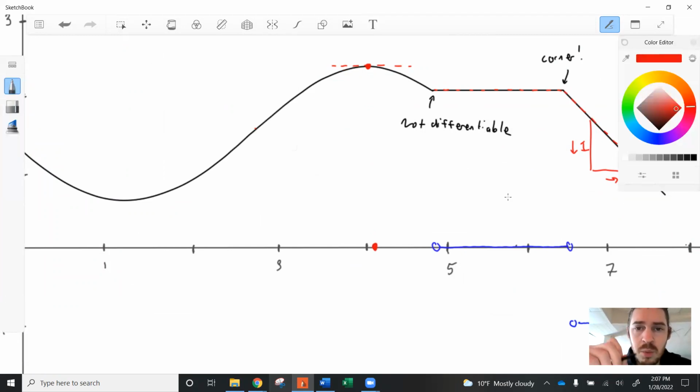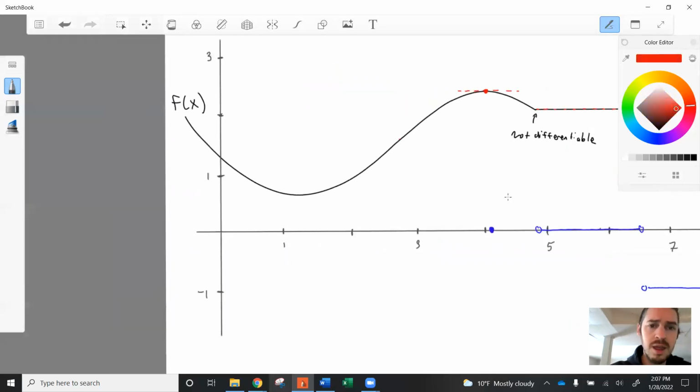So that's going to be a point where the blue graph is going to have an x-intercept, because the output is the slope of the tangent line, and the slope of the tangent line is 0. There's another point like that over here. I said the top of a hill, but also the bottom of a valley. This is another point on the original graph where the slope is 0. So our derivative graph is going to be like this.